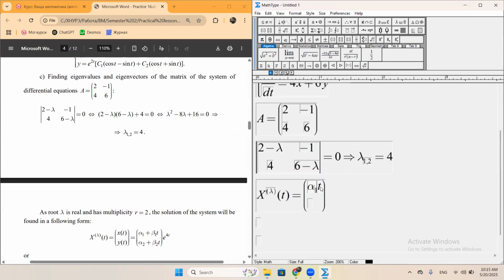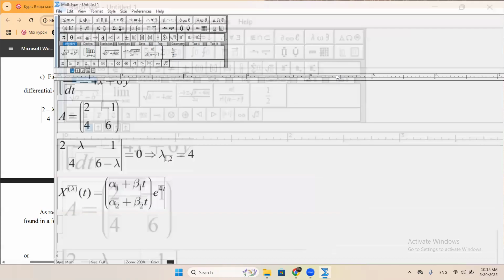Here is written alpha 1 plus beta 1 t. Okay, and here will be alpha 2 plus beta 2 t.